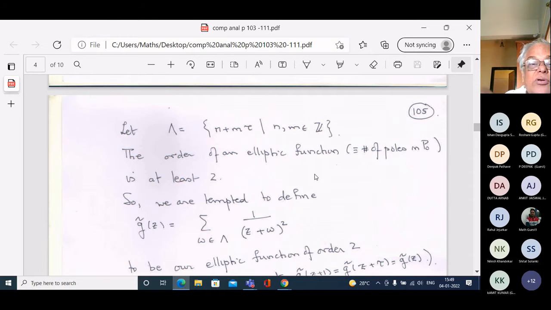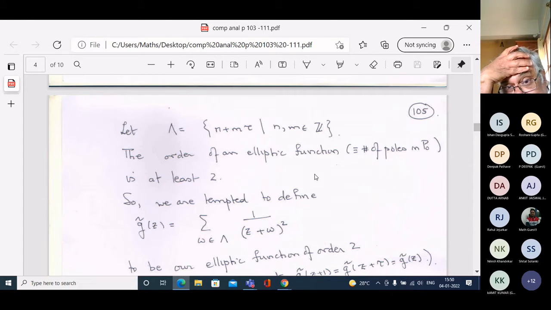So if you want to do the same thing that we had done earlier, the obvious thing to do is just look at 1 over z plus w, where w is in lambda. That means w is equal to n plus m tau. So I'm looking at 1 over z plus n plus m tau, squared.